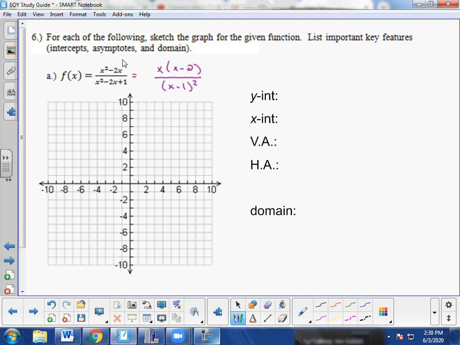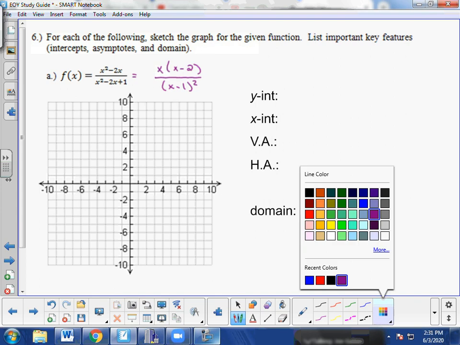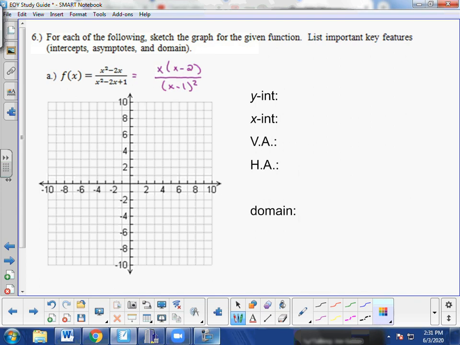So the 0 of the numerator over that is going to give you your y-intercept. So in this instance, we just have to look at the numerator, because if I put in zeros for the numerator, this would just give me a 0 here in the numerator. So 0 over anything is just 0. So my y-intercept is going to be 0. Let me change colors so we can see the graph a little bit. And then I'm going to go ahead and graph that point.